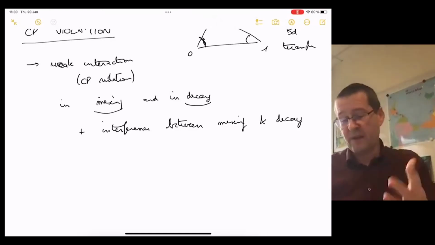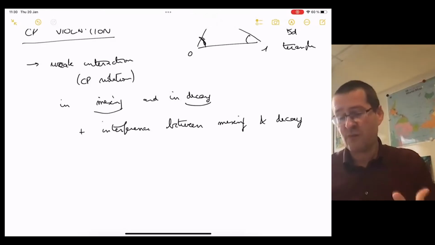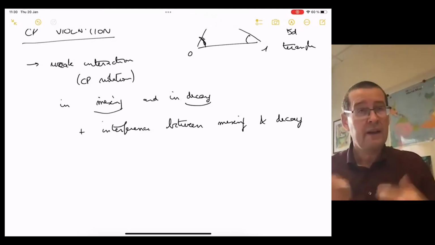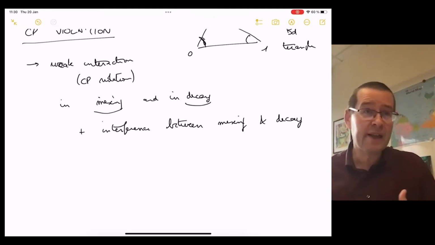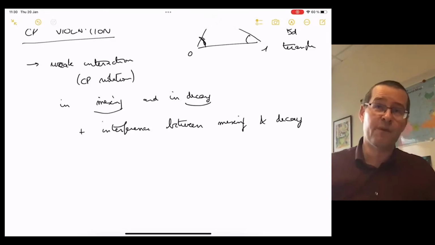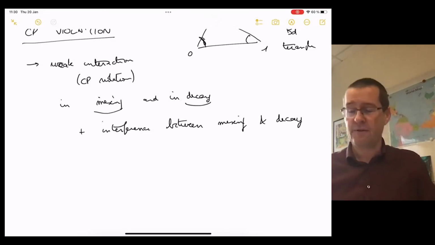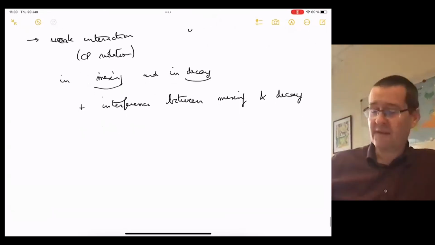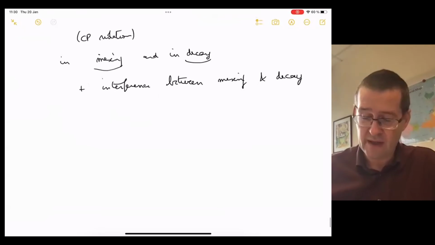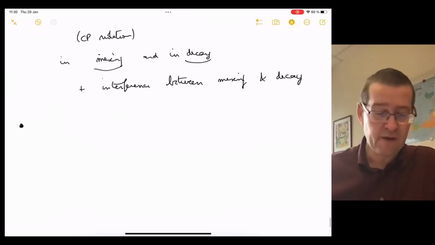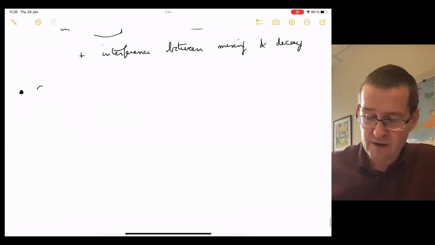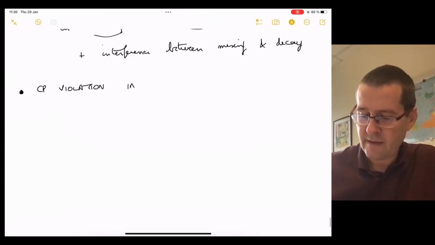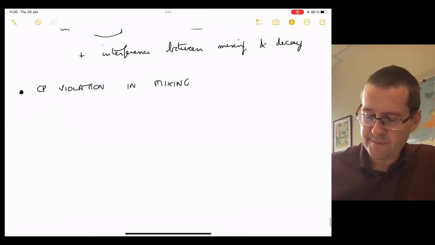You might try to probe them through CP violation in mixing, or through CP violation in decay, but since we do have mixing before decay, you can also imagine making an interference between mixing and decay in order to get information. And actually, that's the kind of thing that you can use. So I'm going to go very briefly through these three ways of probing CP violation.